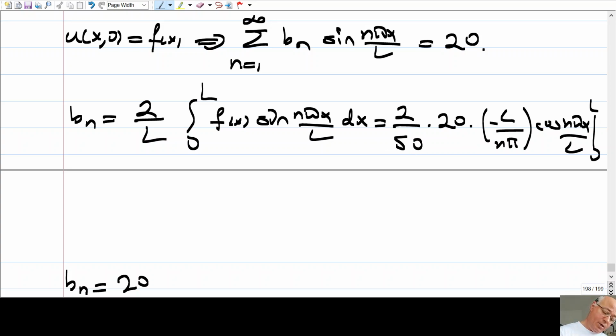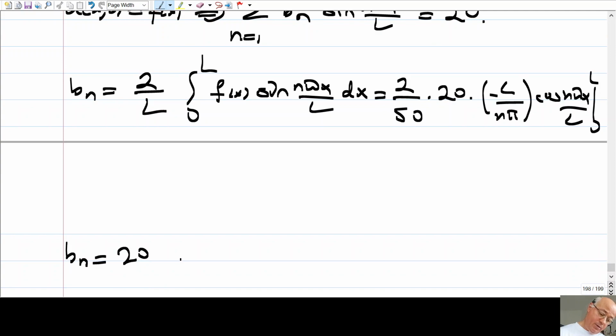Şurası 50 olacak. 2 bölü 50. Bu 20 nereden geldi? F'den. F 20. Tamam. L 50.